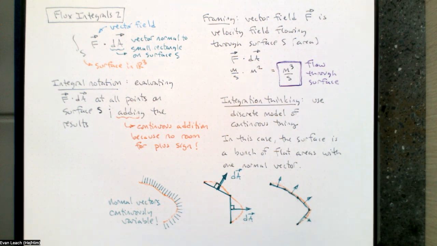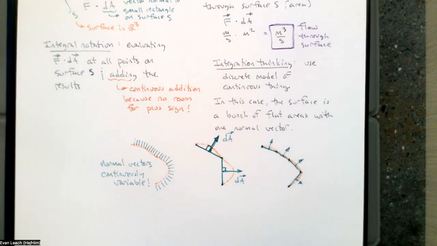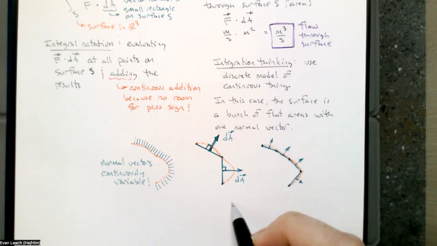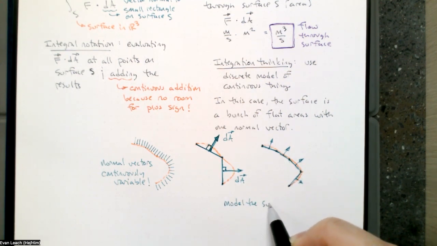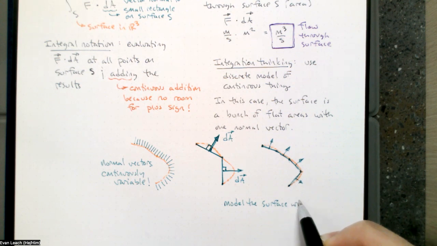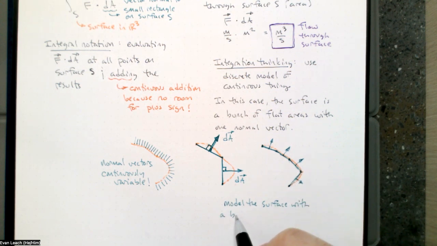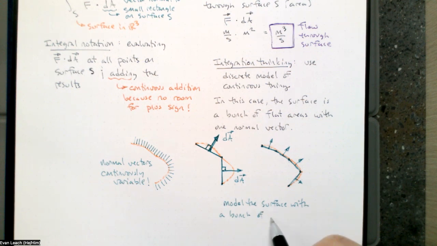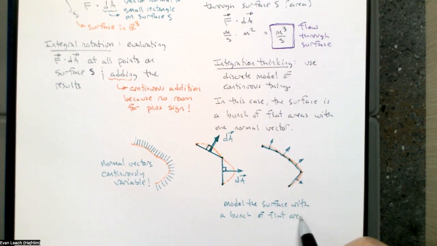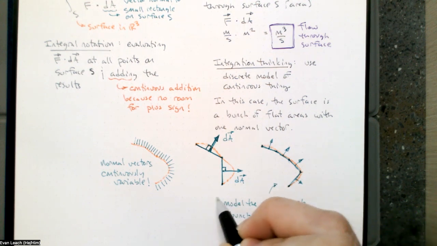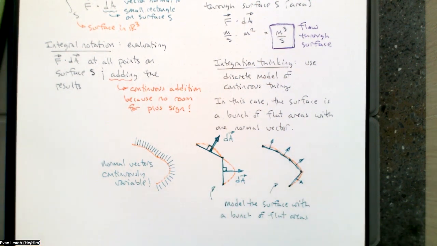Our situation is that the normal vectors are continuously variable, so we make things flat. We're modeling the surface with a bunch of flat areas. Our integration thinking is the same as the integration thinking always is.